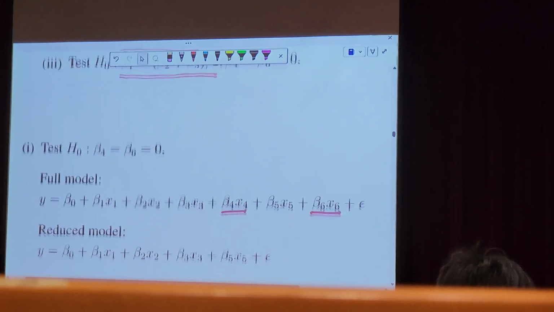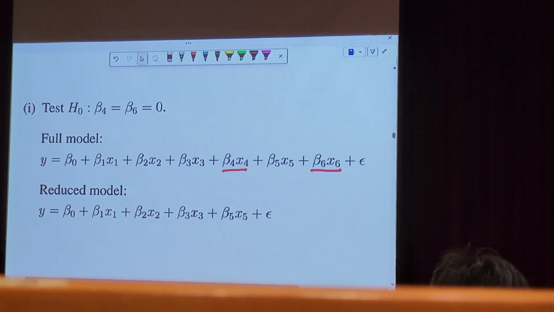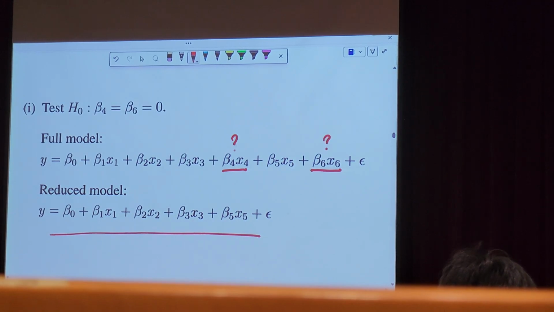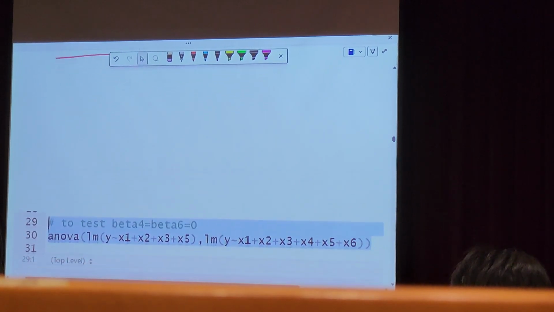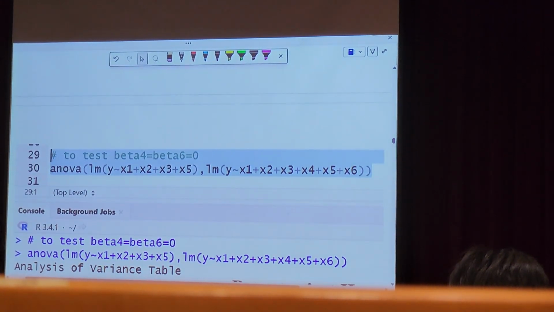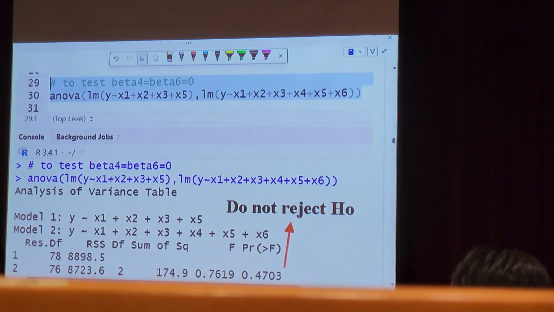So we want to test whether these two regressors are useful or not. Suppose we are happy with this already. We just want to find out, should I include exam score and the height as regressors? We don't know until we test it, right? So let's do the test.